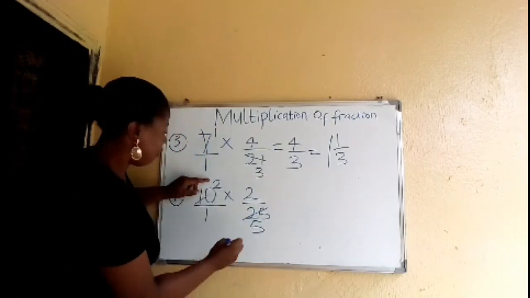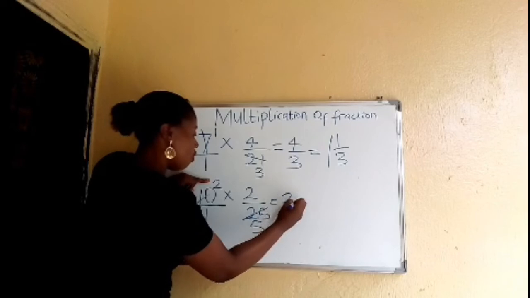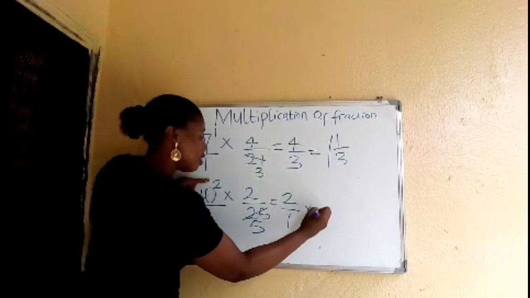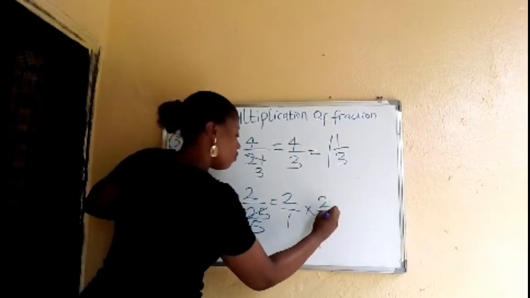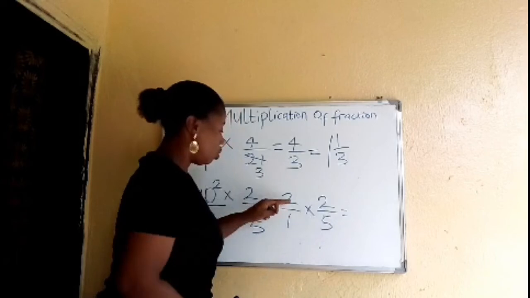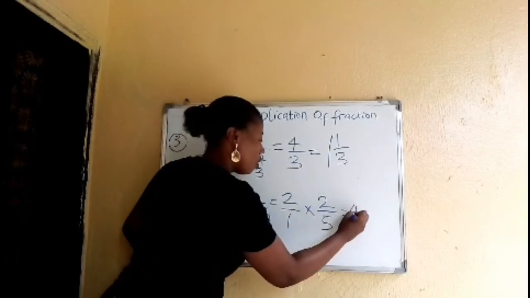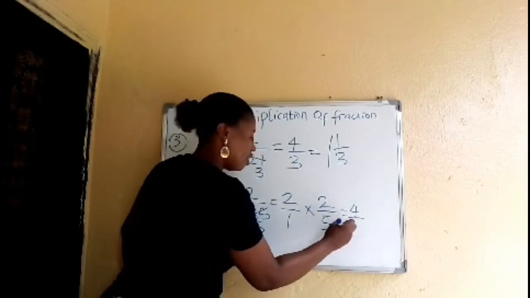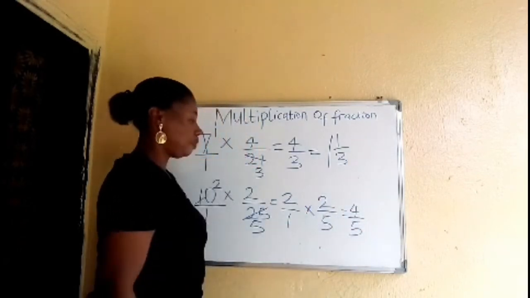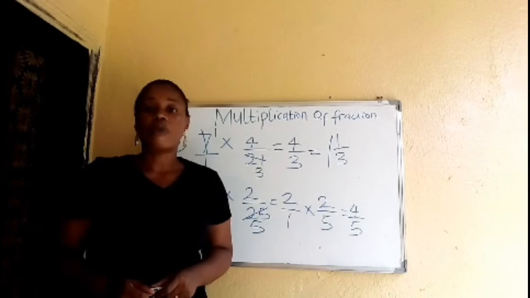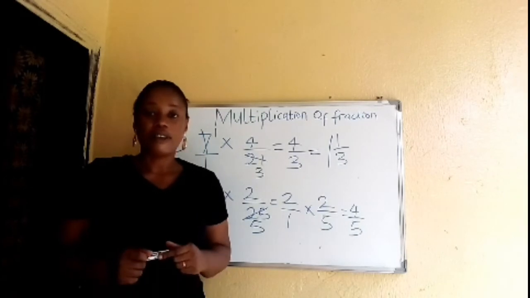So now we have 2 over 1 times 2 over 5. So 2 times 2 is 4. And then 1 times 5 is 5. Now, let us multiply fraction by fraction.